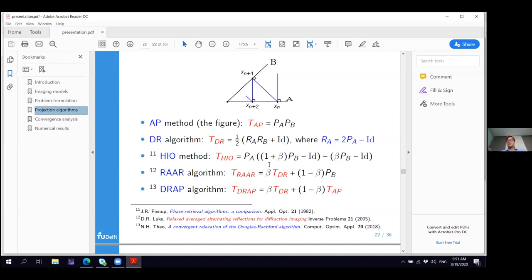That means we get no convergence. But if we do some kind of relaxation, for example with the RAAR algorithm, introduced in 2005 by Russell Luke, which is a kind of convex combination with one of the projectors, then we get very good results.